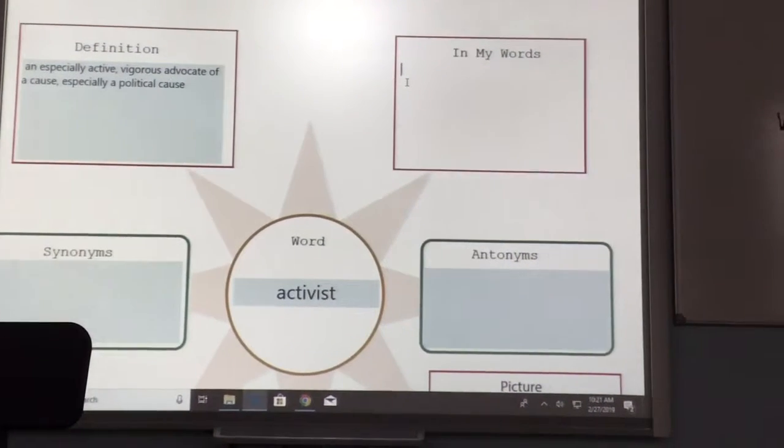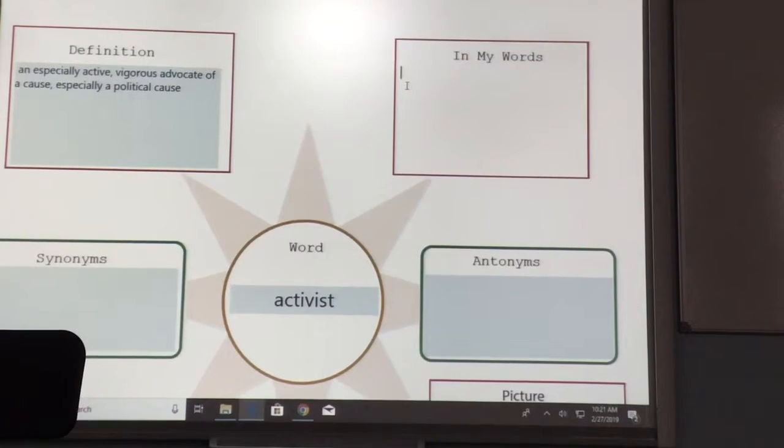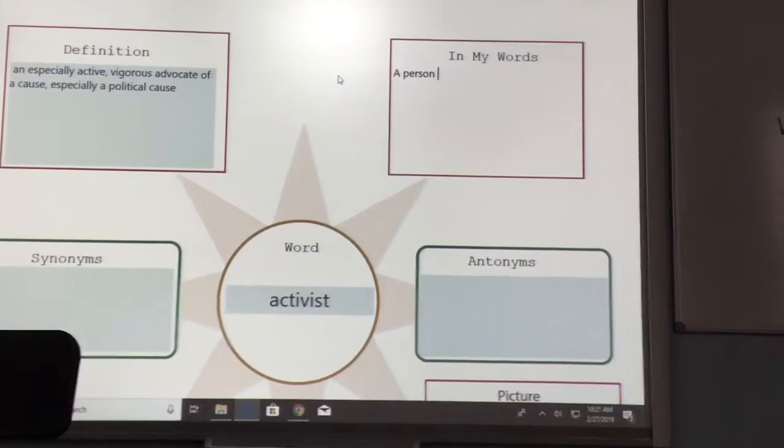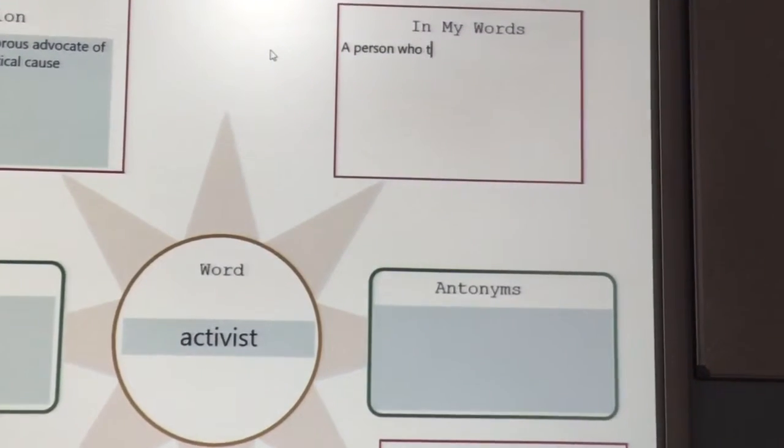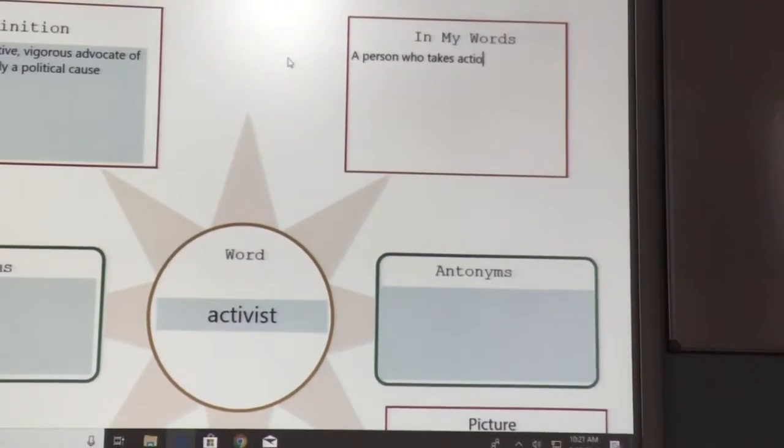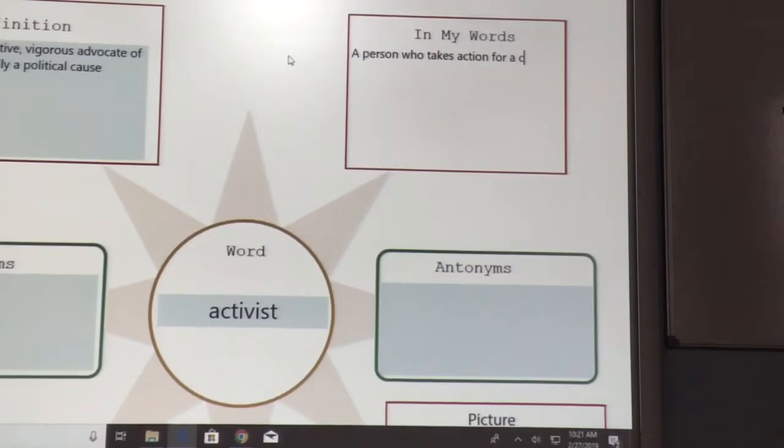And so we said something similar to a person who takes action to support a cause. Oh, that's my keyboard. That's wonderful. Let's start again. A person who takes action for a cause they believe in.